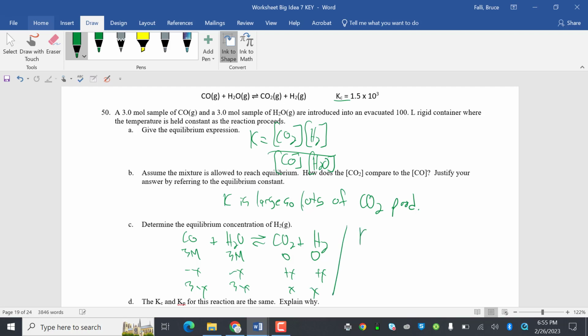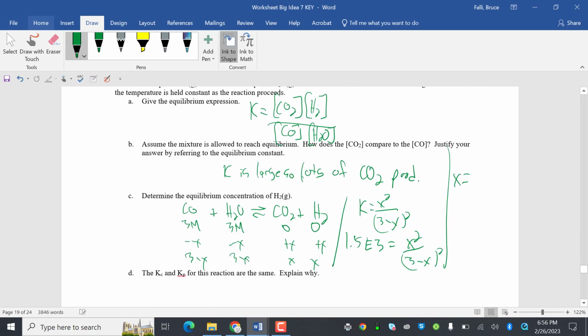My K expression would be x squared over 3 minus x quantity squared. K is given to me up here, 1.5 E positive 3 equals x squared over 3 minus x squared. You heard me complain I'm calculatorless. I'd solve that and get an answer in molarity, which would equal CO2 and equal H2.